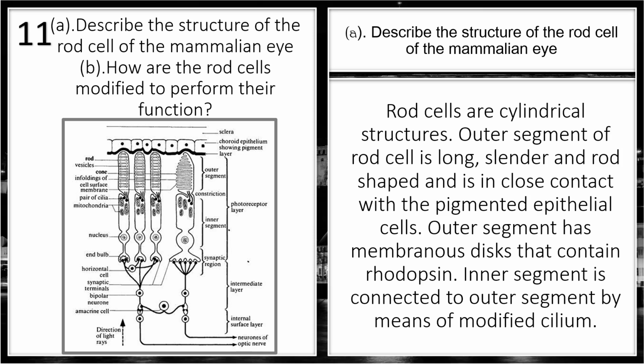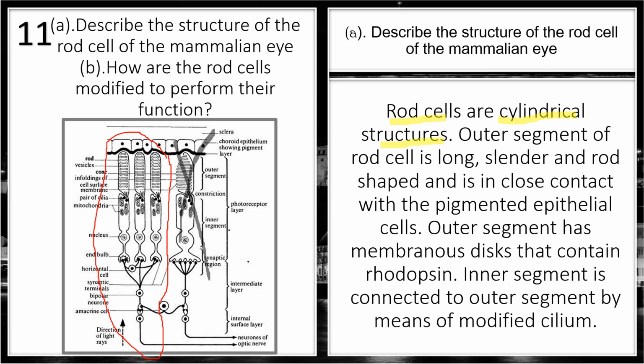We have the rod cells. They are cylindrical structures. So let us look at them here. We have two types of cells. We have the rod cells, these ones that we have this side. We shall leave the one on the sides out.